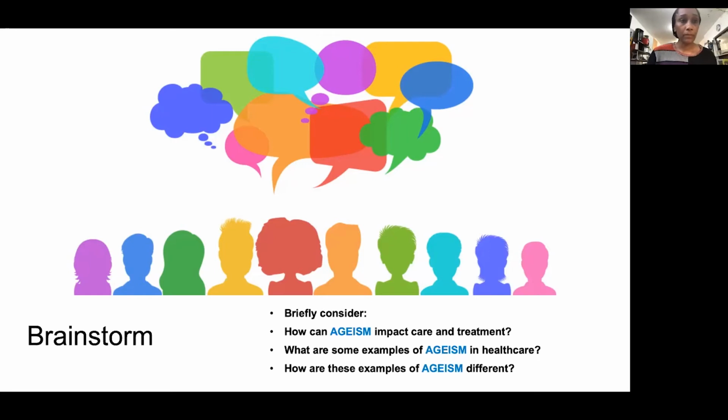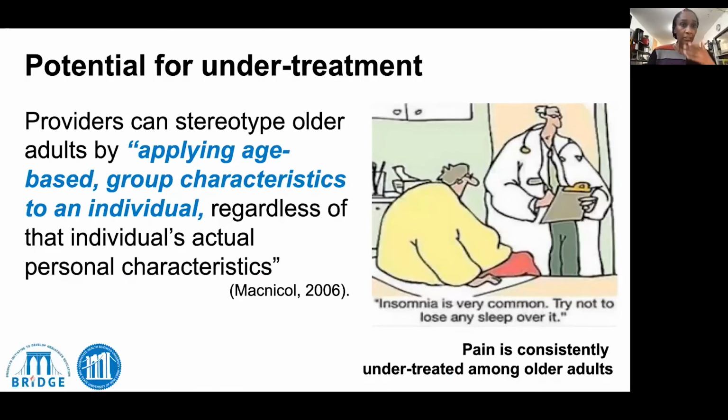Okay, I'm gonna just quickly. One of the reasons that it is problematic to do, just as Sarah mentioned, is that there's a real potential for undertreatment. If we're applying age-based group characteristics to an individual, as opposed to looking at what's going on with that individual, we might miss things.